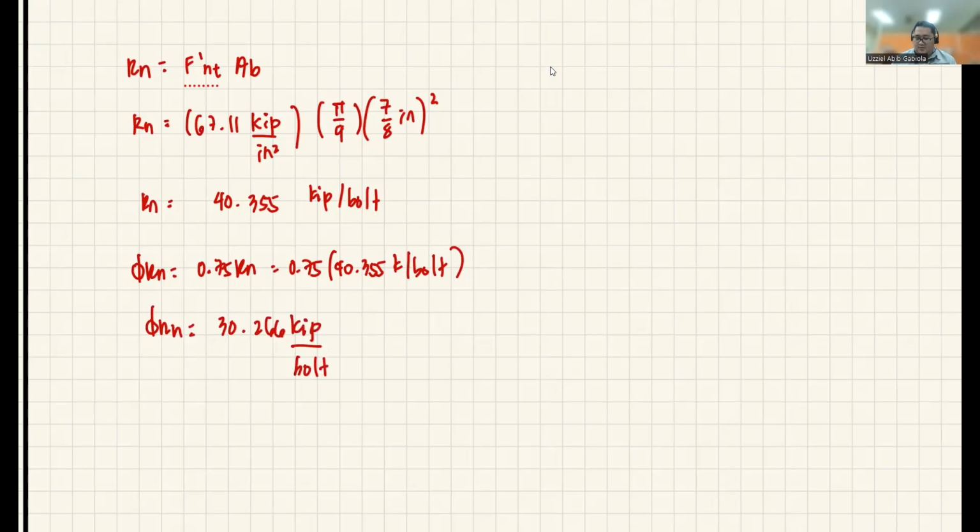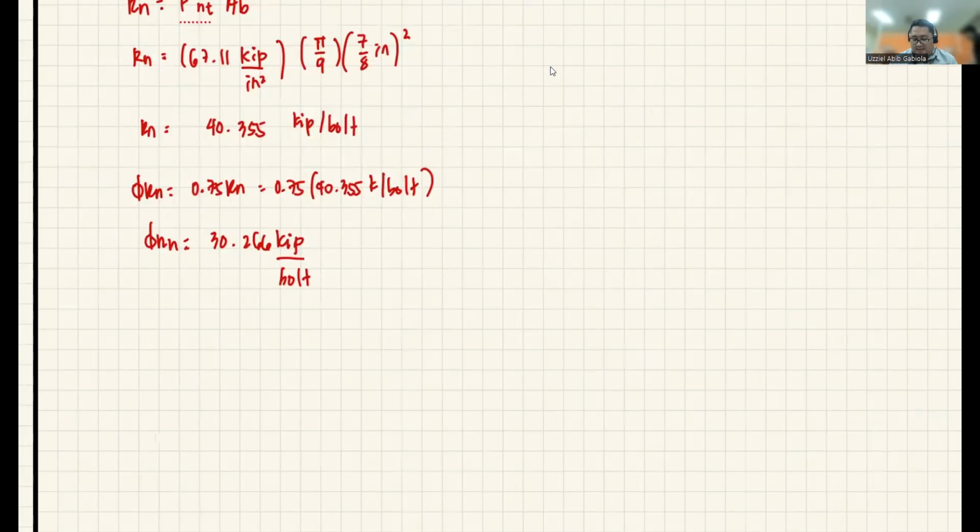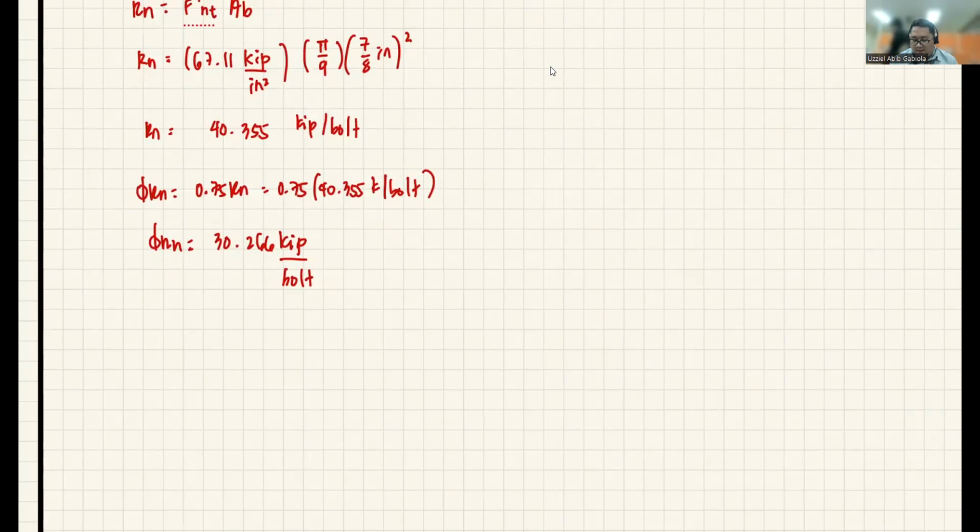Okay? So, ito yung reduced capacity natin. Ngayon, i-compare natin with TU. TU from the previous slide is 18 kip per volt. Since that is larger, therefore, safe or okay din.